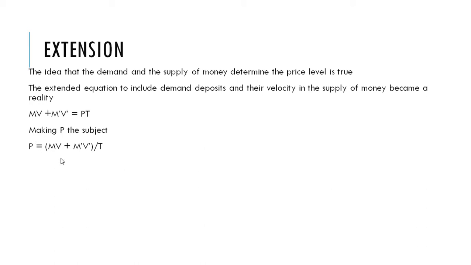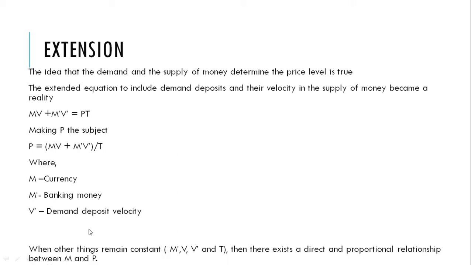So this is what we have. We have P equals MV plus M'V' divided by T, whereby M is the currency money, M' is banking money, and V' is the demand deposit velocity.